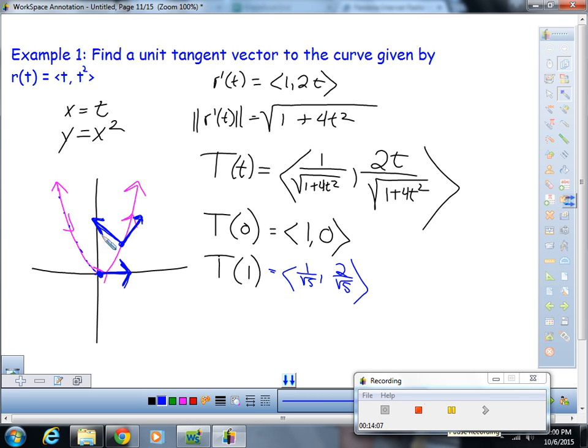Okay, so this is the principal, let me change it to pink. This pink vector is the principal unit tangent, sorry, the principal unit normal vector. And it will always open up to the side of concavity, okay? And we're going to use it for some things, but I'll get into that later. But that is what we just found.